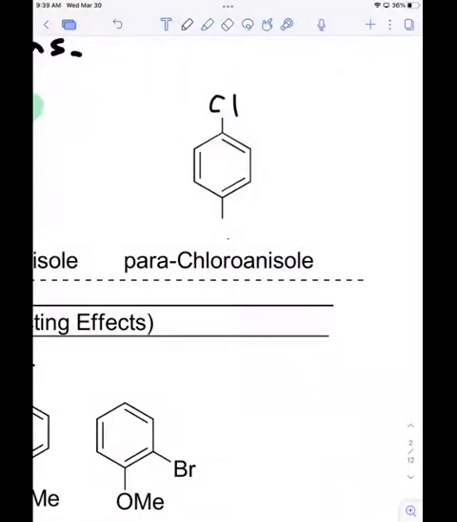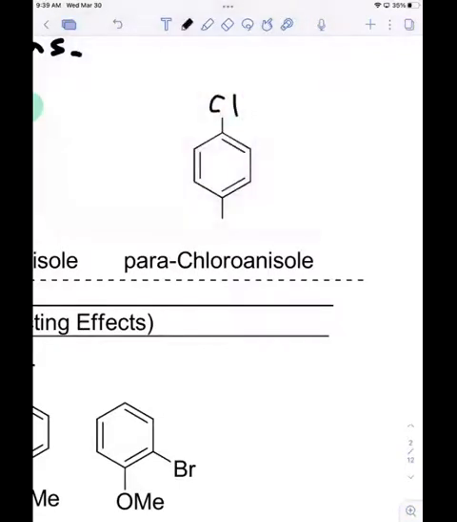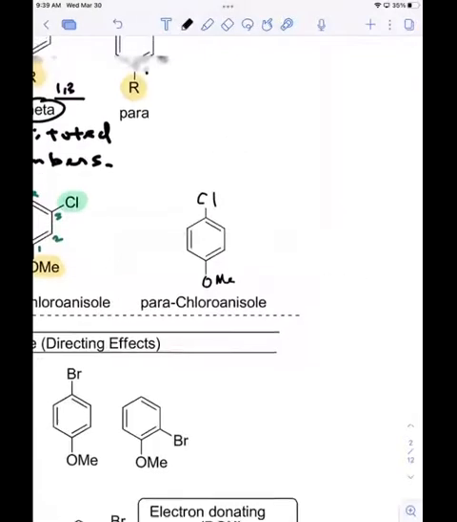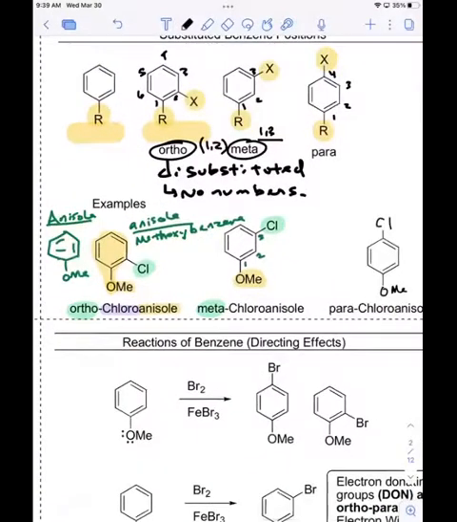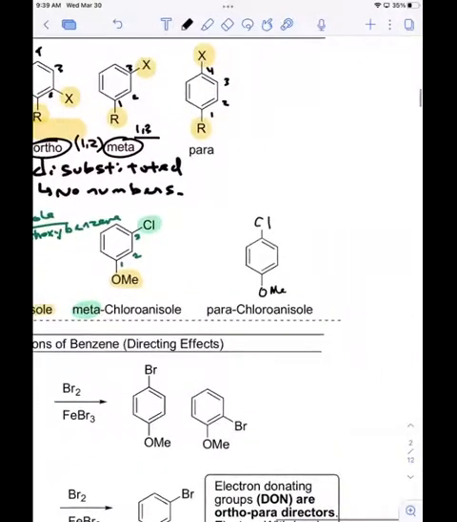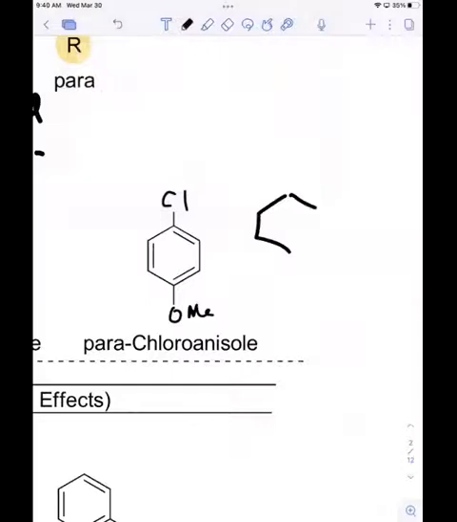Right. So what if this was anisole? I'm going to put the methoxy group here. Right. So that would be parachloroanisole. There are other aromatic compounds with common names like that. One of them that is highly used all the time is aniline.